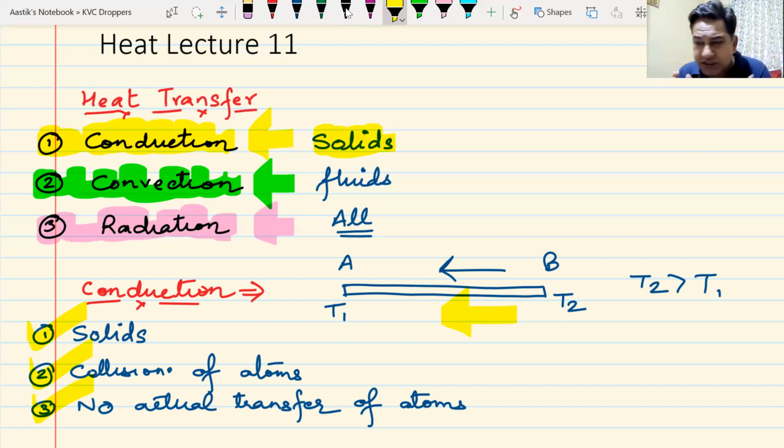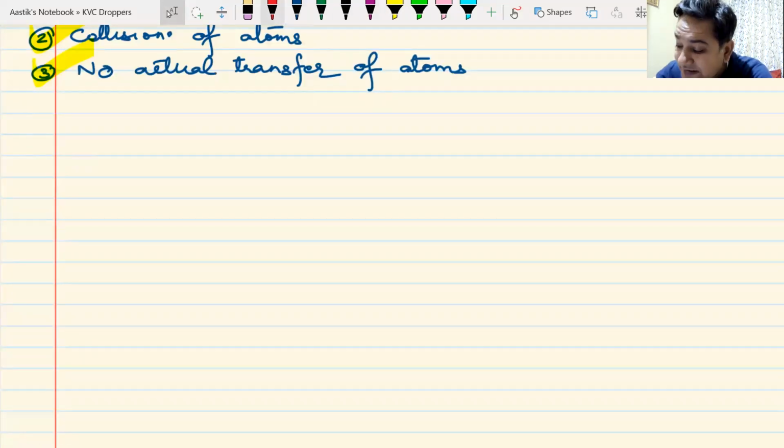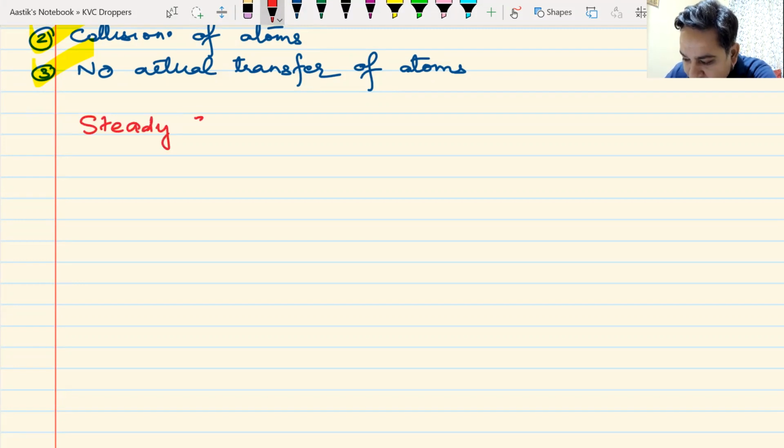Everything does not change. Now, we are going to study a very, very simple version of conduction, and that simpler version is known as the steady state. Steady state of heat transfer. Steady state in conduction.